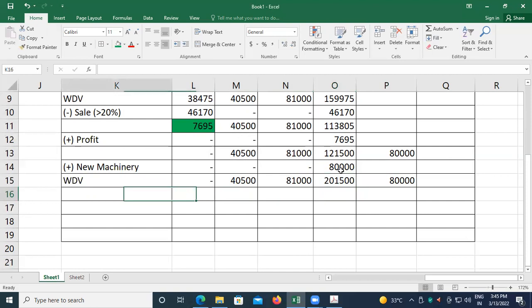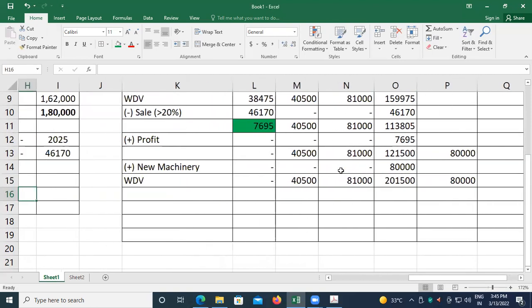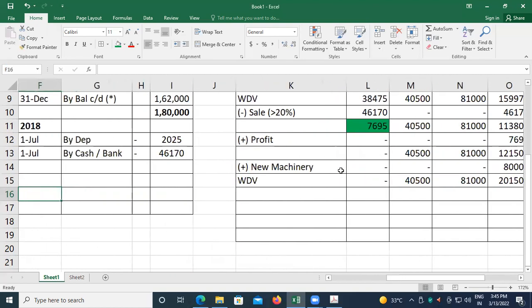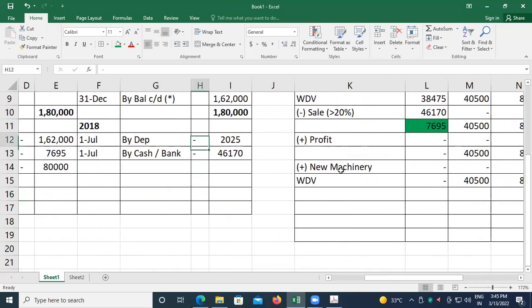Okay, so let us calculate now here also balance. Now we have to charge depreciation. Remember, we have not yet charged the depreciation. We have charged only for the 6 months on the sale of the asset. Let us calculate now depreciation for the next year, that is for the third year. So we know we have to minus depreciation, and depreciation at the rate of how much percent we have to charge?